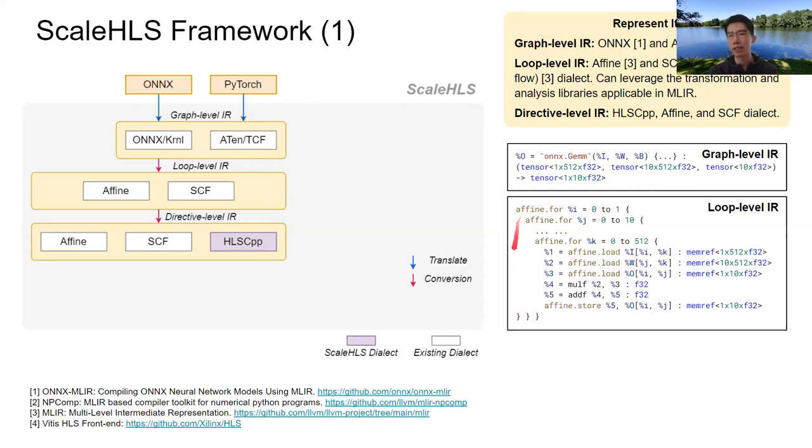And the benefit of the affine dialect is we can easily use polyhedral compilation techniques on top of such a loop level IR to facilitate the transformation and analysis for the loops. And MLIR also provides many useful and powerful transformation and analysis libraries for the affine and SCF dialects.